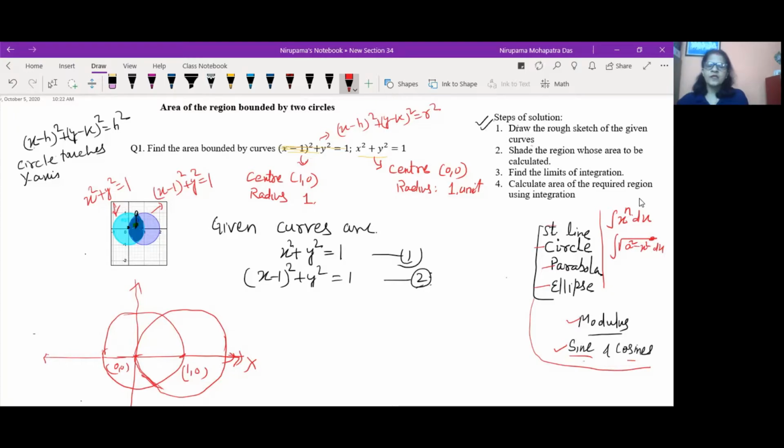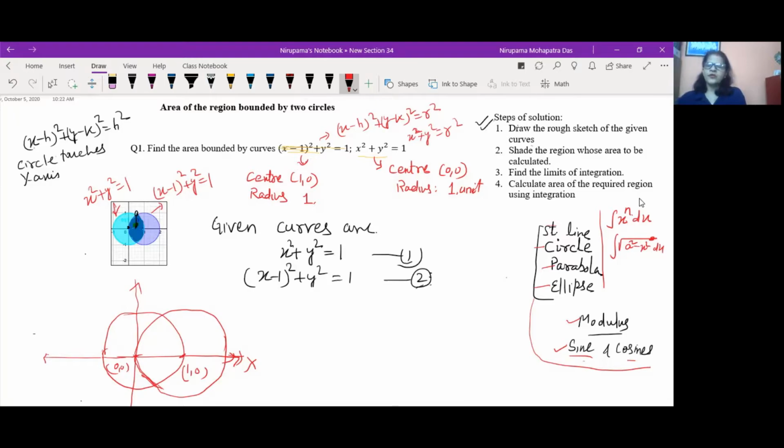The second circle is x square plus y square equal to 1, in the form x square plus y square equal to r square, so the center is at (0, 0) and the radius is 1 unit. We need to have this basic idea.